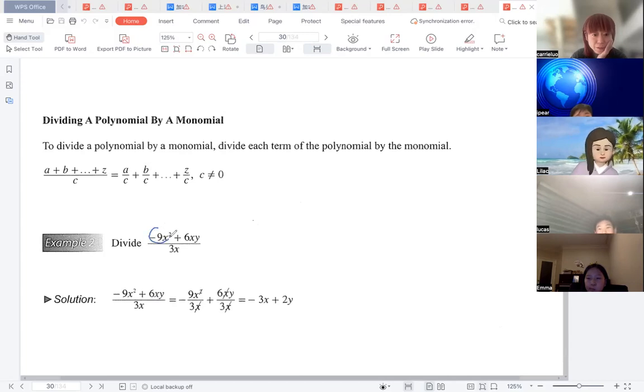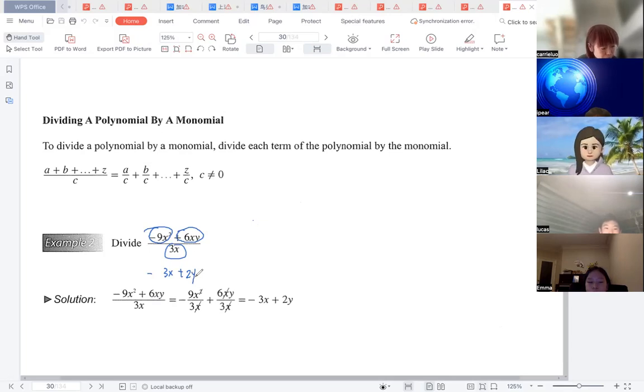So negative 9x squared divided by 3x equals negative 3x. And a positive 6xy divided by 3x equals 2y. Get it?